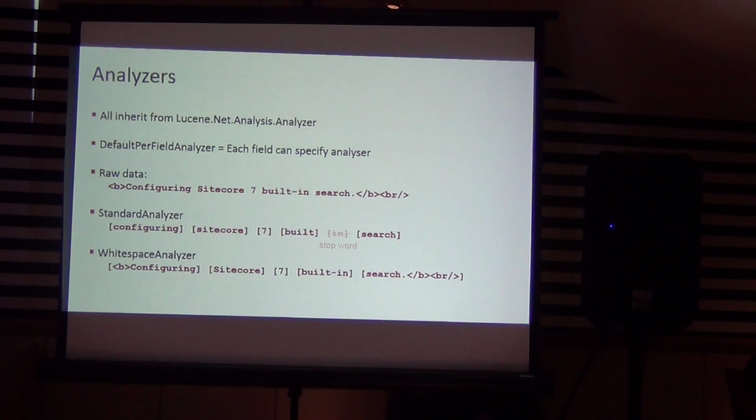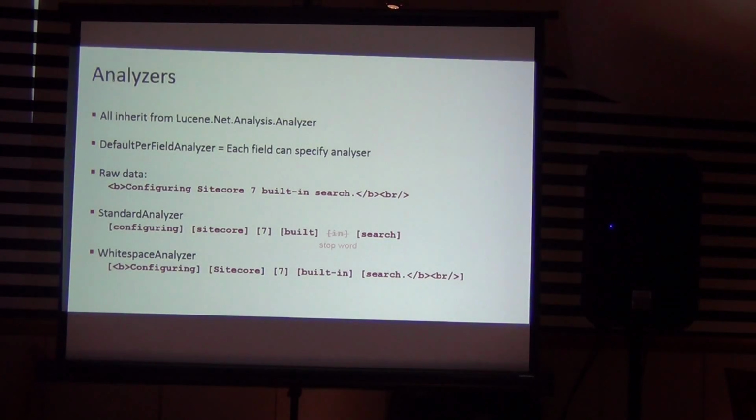To explain what an analyzer does, it takes in raw data, so for instance the data in your field, and then it will mangle it. So put it in a form that is, I guess, helpful for when you want to search it out again. It can change things. For instance, it can lowercase stuff, if you're using an analyzer that will do that. It can remove stop words.